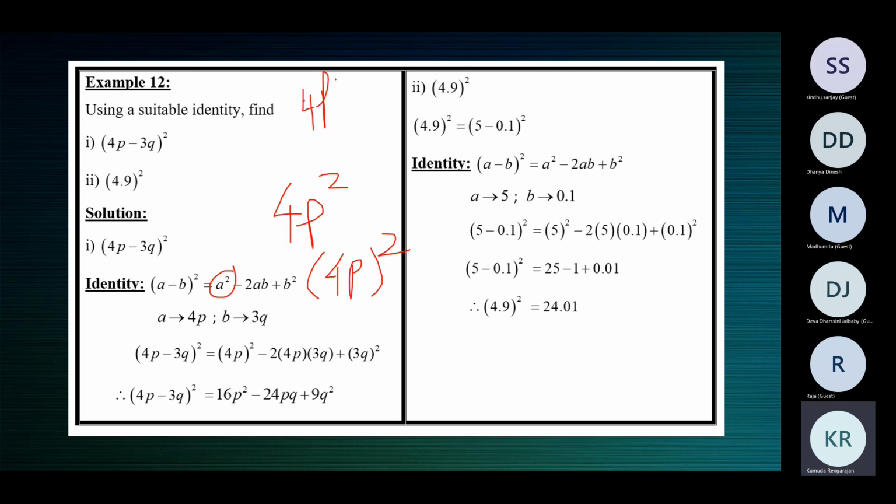When you write 4P square, that means the square is only for P, it's not for 4. 4P square is different from 4P the whole square.